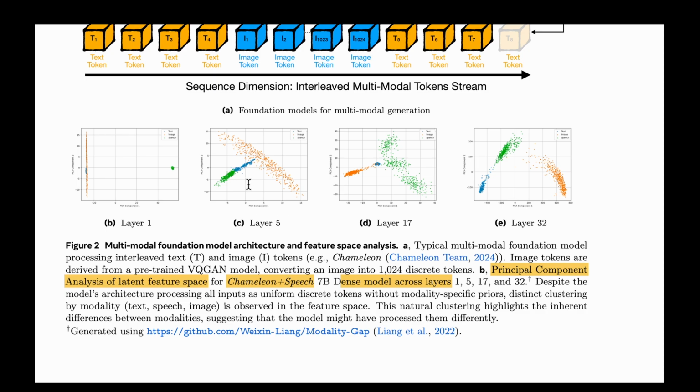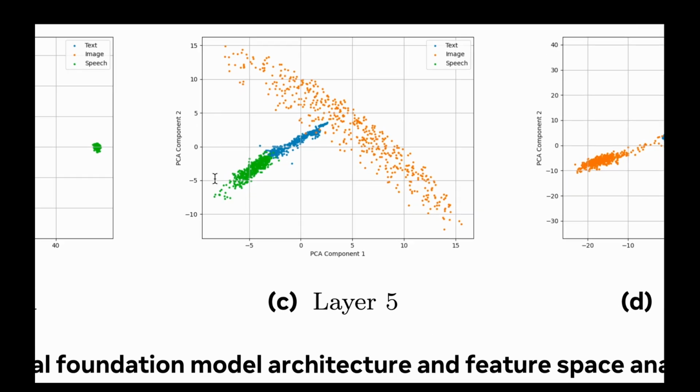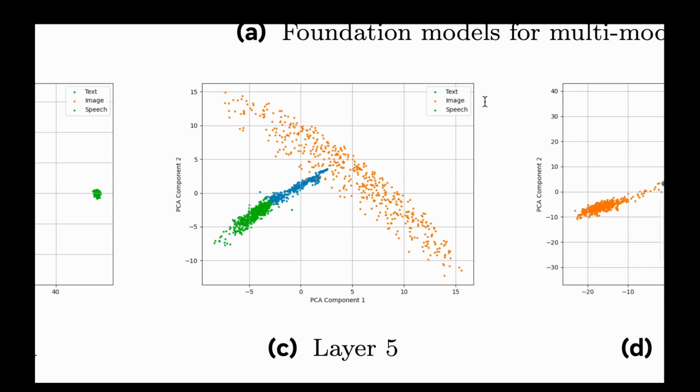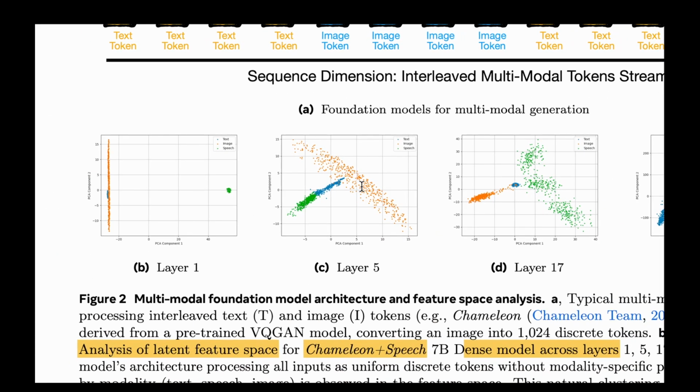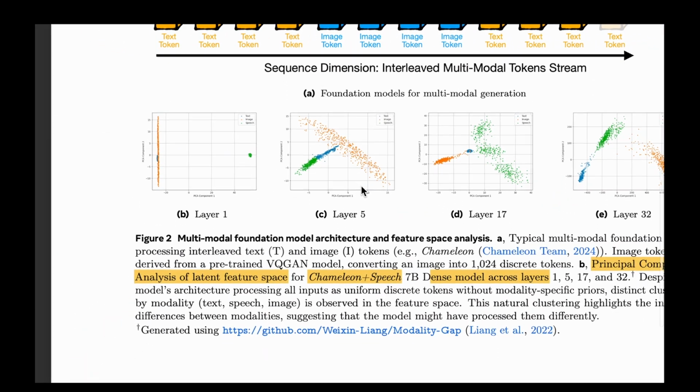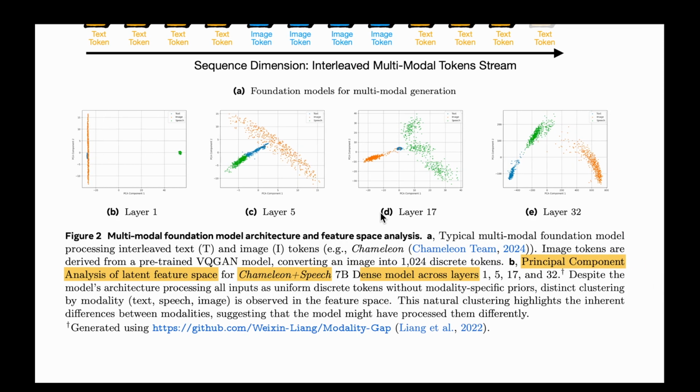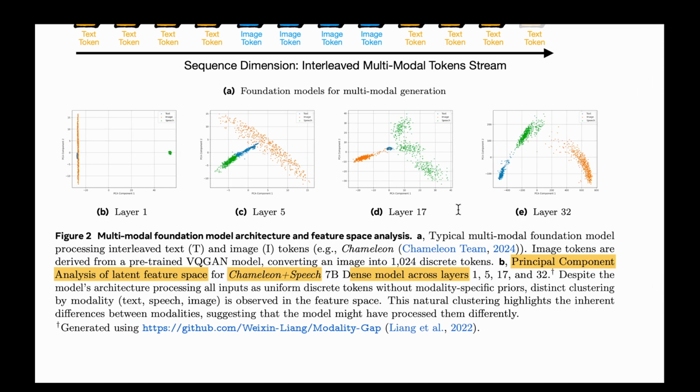We can see a clear separation of modality, even though you feed all the modalities together. For example, at layer 5, text, image, and speech are represented by 3 different colors, and there's a clear separation in the way the model interprets the modalities.